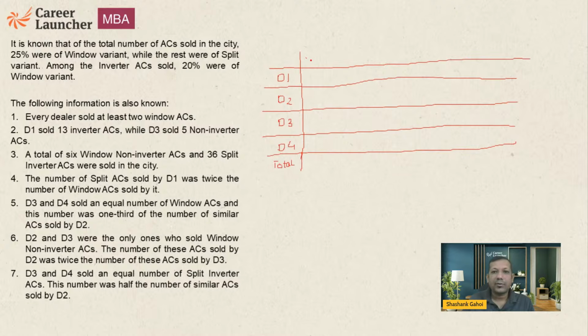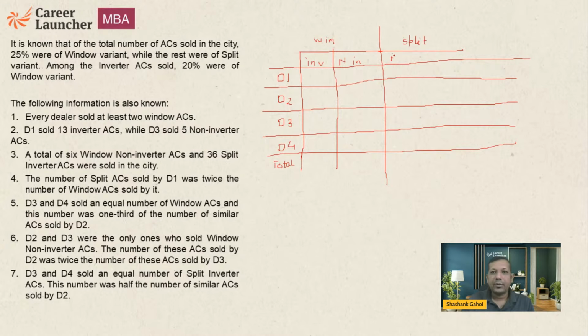We got inverter, non-inverter, and these are the categories in Windows. Then we have the same categories in split.